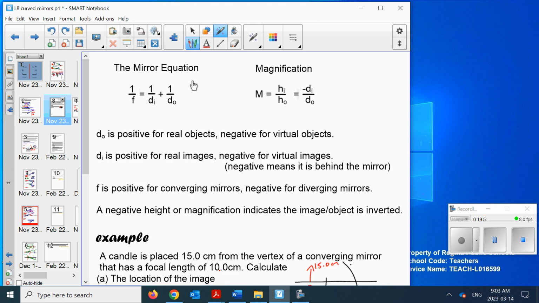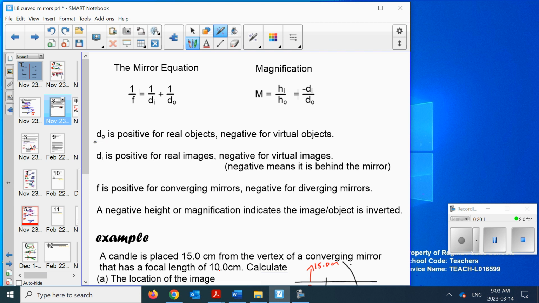Now, an overview. I'm going to give you those 2 sets of equations on any evaluation item. But you need to know a few things about this. DO, distance to the object, is always positive if it's a real object. I put down negative for virtual objects, but we're not going to have virtual objects. But in theory.